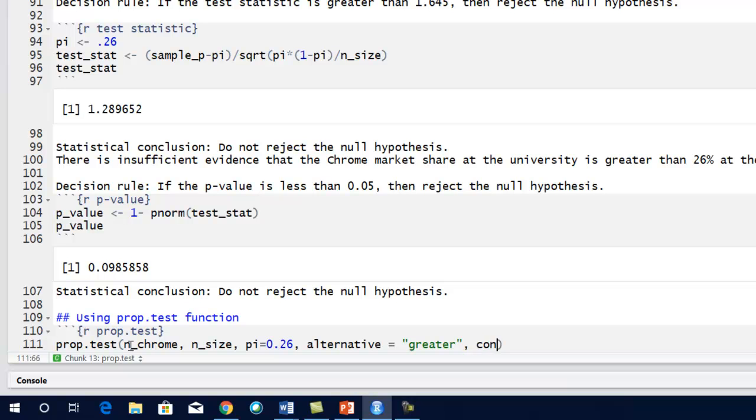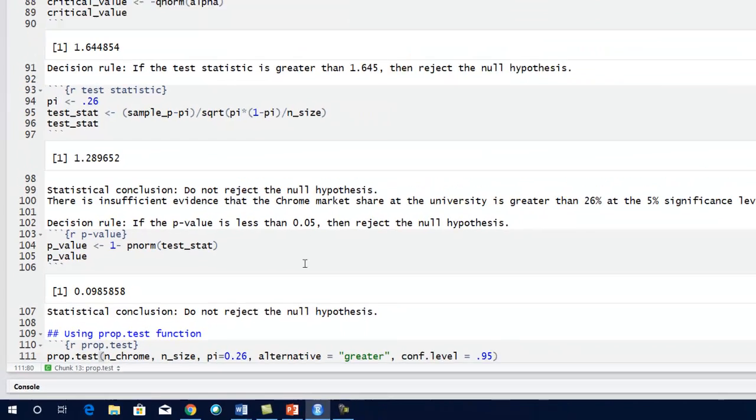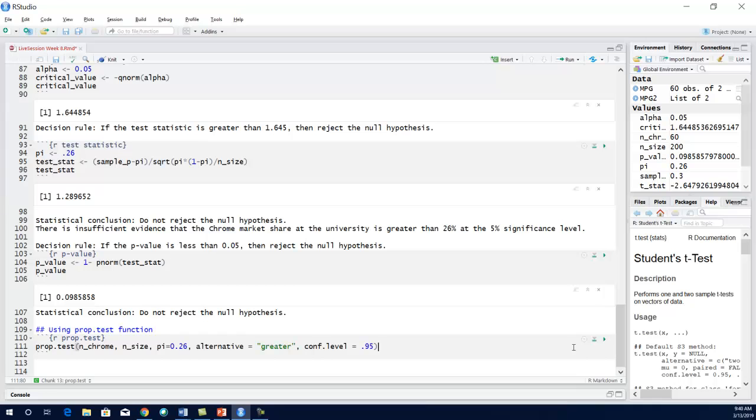What else do we need? The confidence level, which is 1 minus alpha, so in this case it is 95. Then we can run the test.